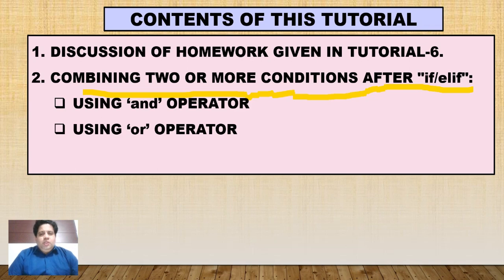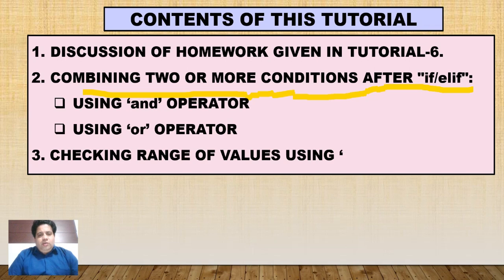It means you can combine two or more conditions after if and else using the AND operator or the OR operator. Then we will discuss how to check the range of values. Suppose a lower limit and an upper limit are given. How can you check the range of values? For this you have to use the AND operator.